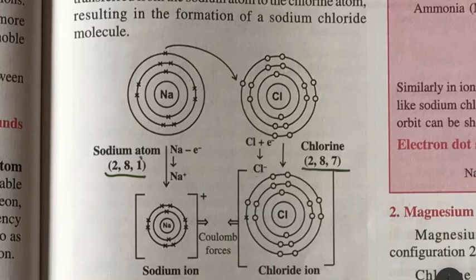So sodium will give its 1 electron in its outermost orbit to chlorine, which has 7 electrons. So now sodium, how many orbits were there? 3 orbits were there. Since it has given away one electron, now how many will remain? 2 will remain.